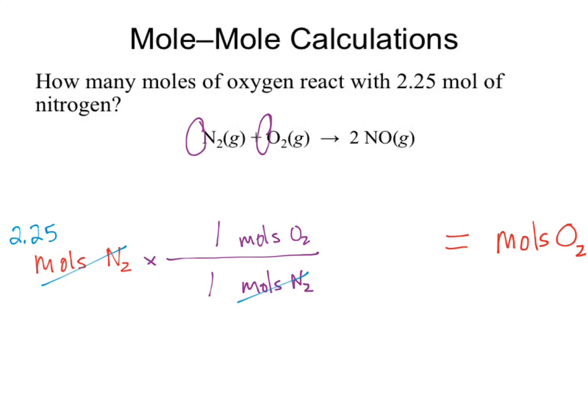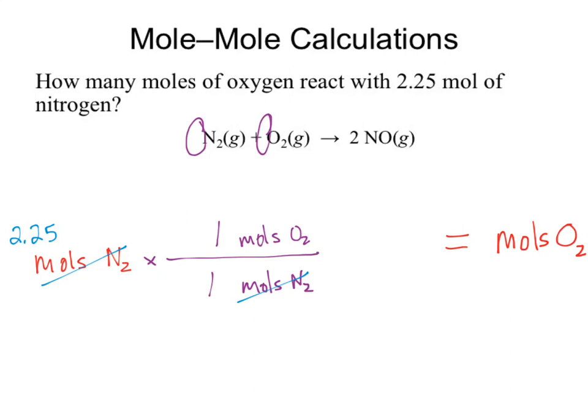Use your calculator, do all the mathematics that you need to do. Multiply everything in the numerator, and multiply everything in the denominator, so you end up with two numbers. You can then divide those two numbers. And the answer we would get, 2.25 moles of O2.